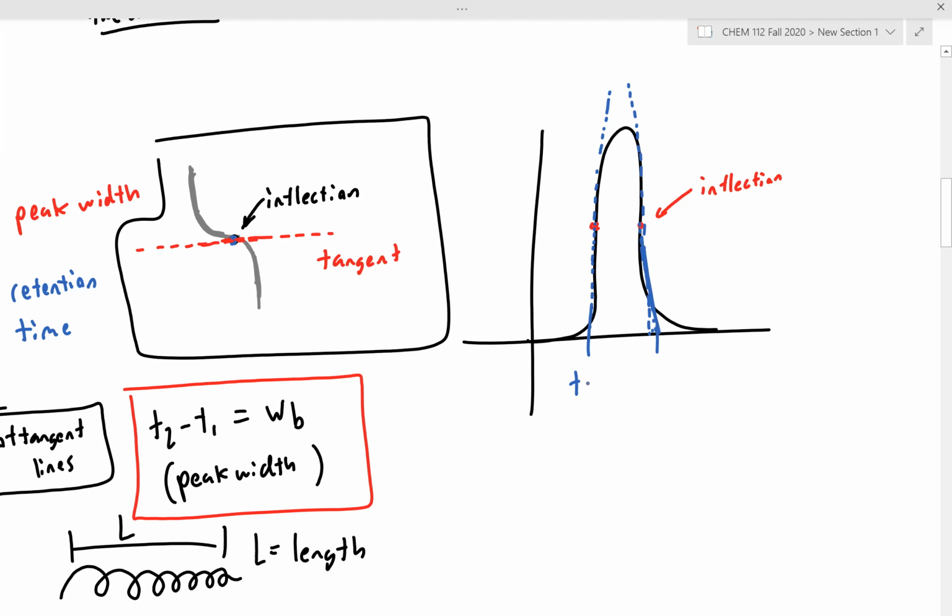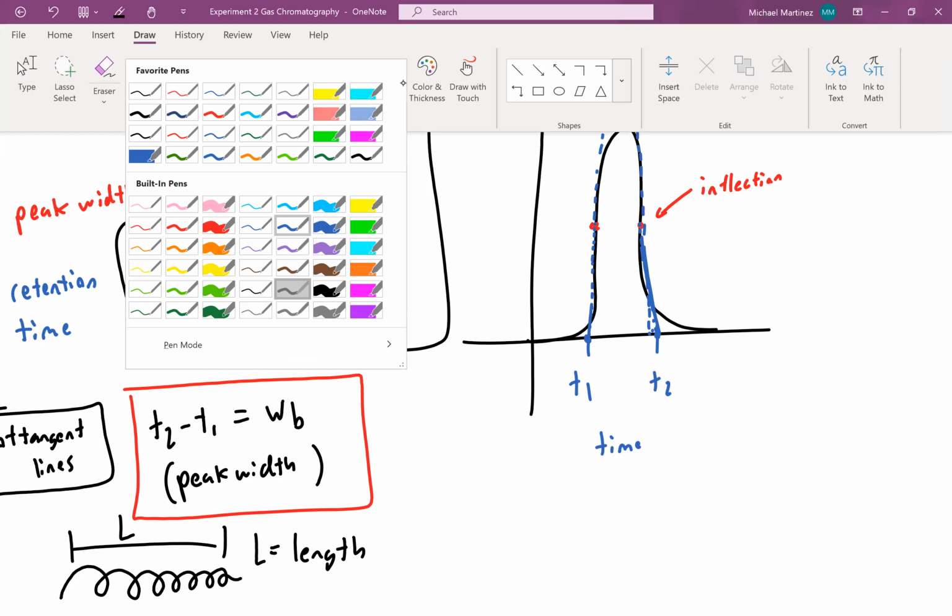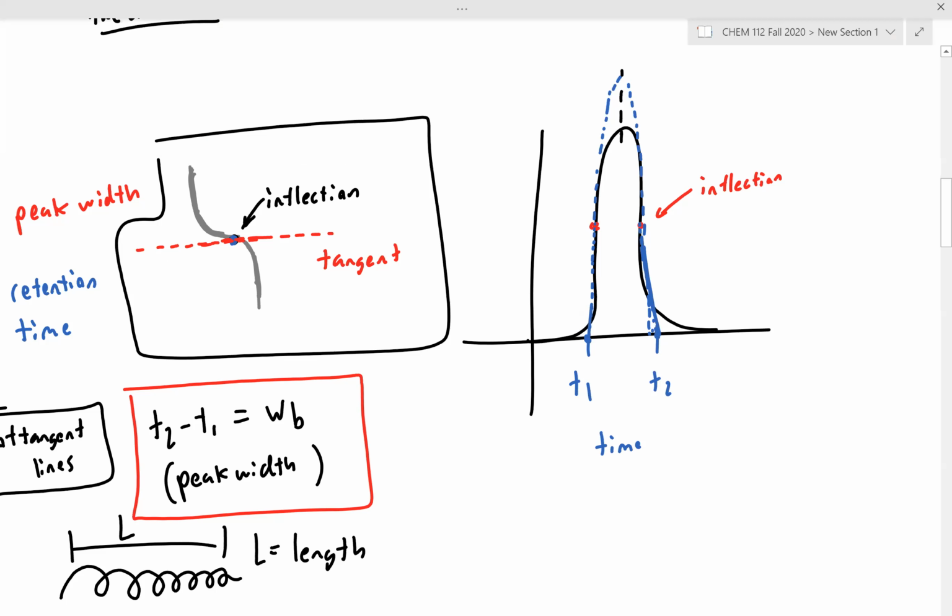Okay, we're going to record the two time points where our tangent lines intersect the x-axis. And we're going to record the center of our peak, where our two tangent lines intersect, as the retention time.